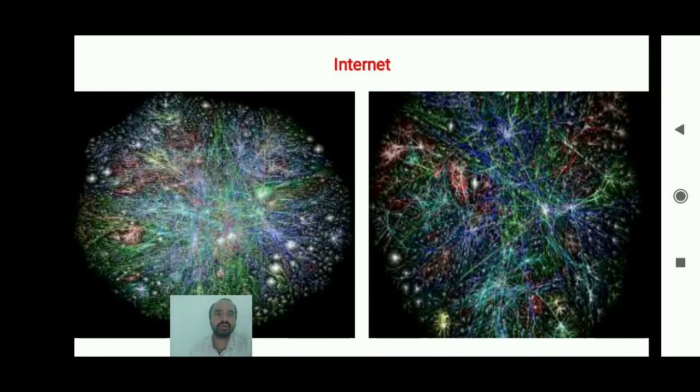Internet is related to network, meaning it is an interconnection of various nodes, or an interconnection of networks, that we have seen in a WAN also, wide area network, which connects different networks together and forms a single network. So let us see that image which shows the internet.